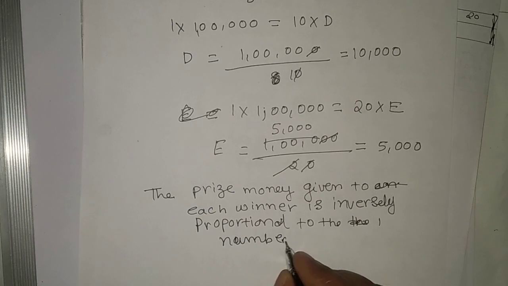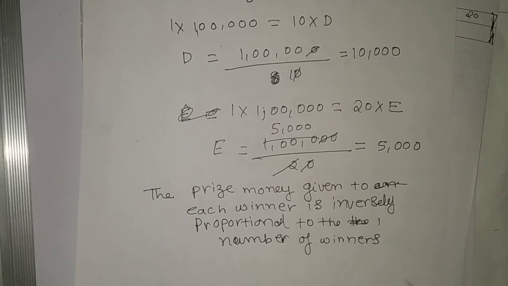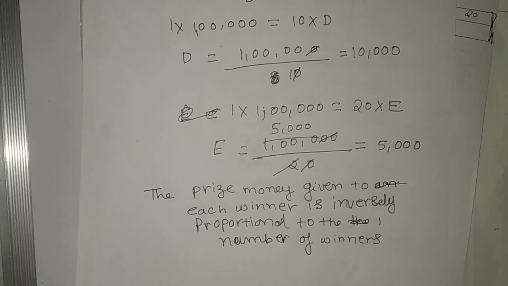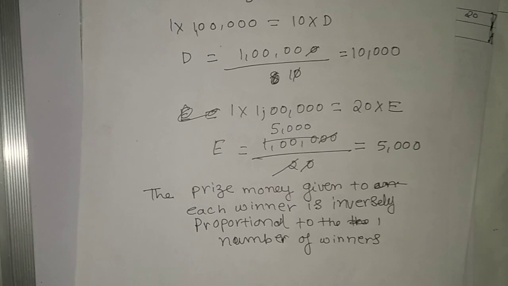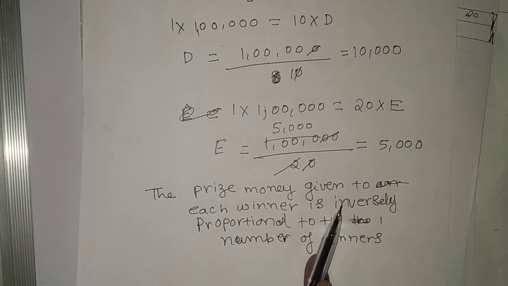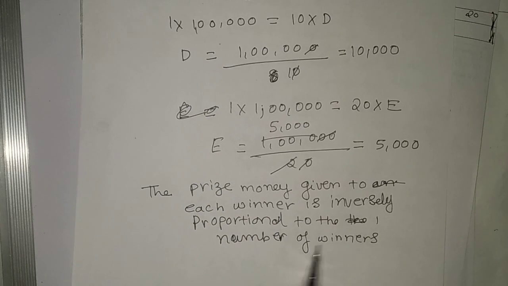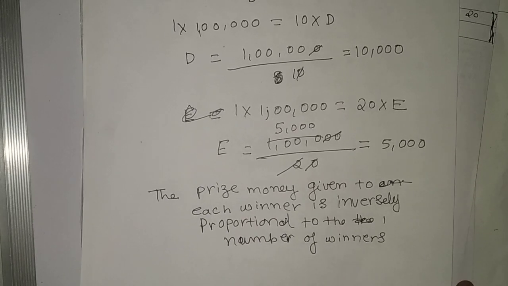This is the solution. Why? Whenever the winners increase, the amount decreases, the prize money decreases. So we have to write the final statement as: the prize money given to each winner is inversely proportional to the number of winners.